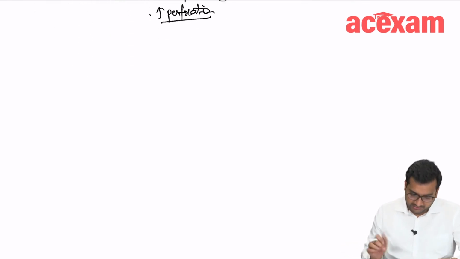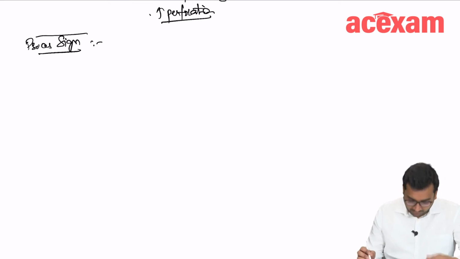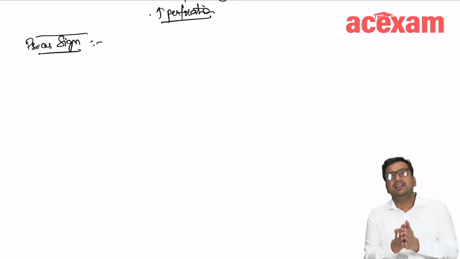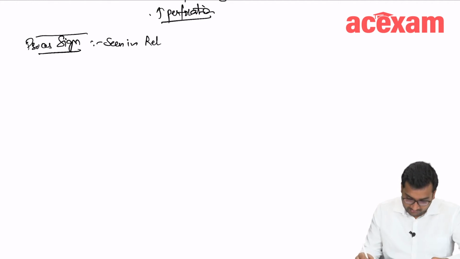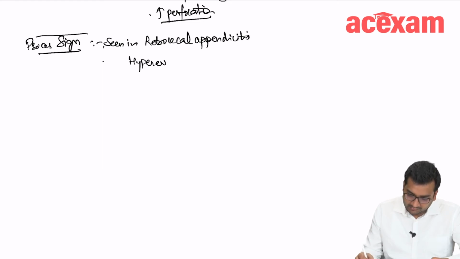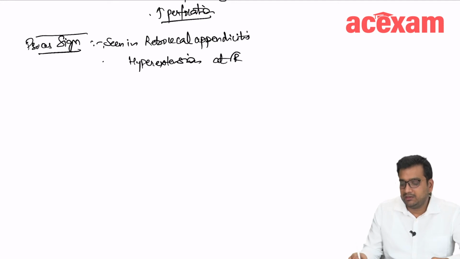Now, the next is psoas sign. As I have already told you, it is seen in retrocecal appendicitis, and there is pain on hyperextension at the right hip joint.